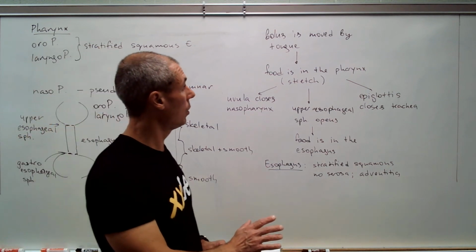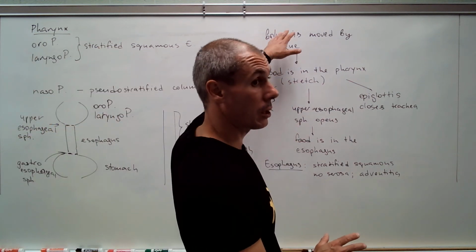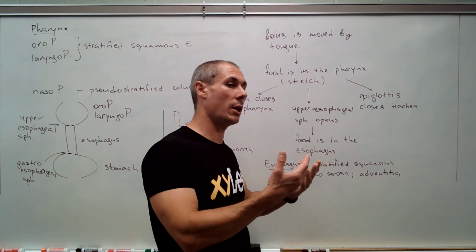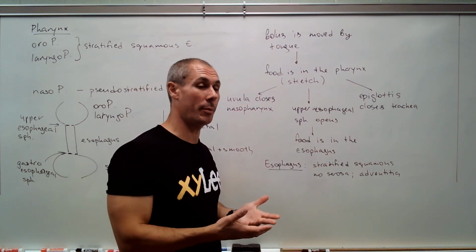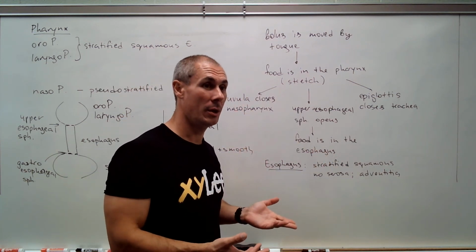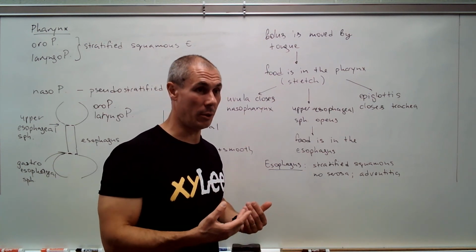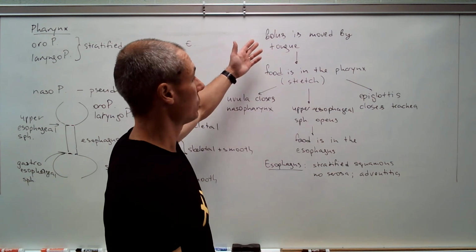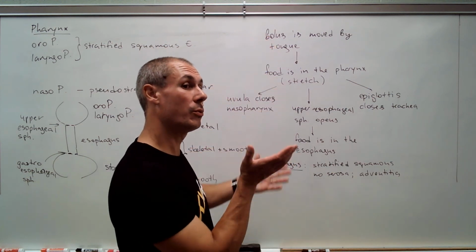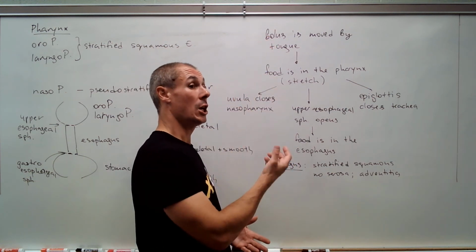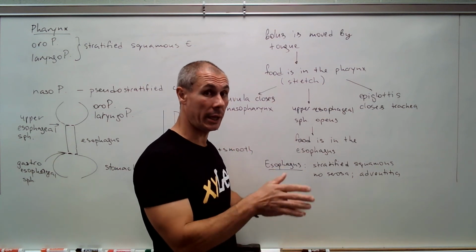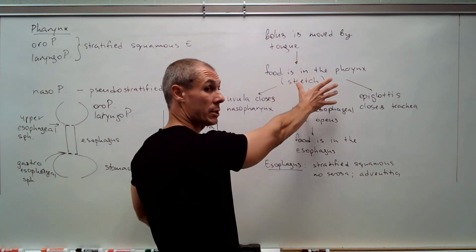Okay, so again here, try to think about the whole. What I like about the digestive system is that with many steps you can almost imagine them, like you can experience them. So the bolus of food is moved by the tongue towards the pharynx. You push it back voluntarily, it ends up in the pharynx, stretches it.